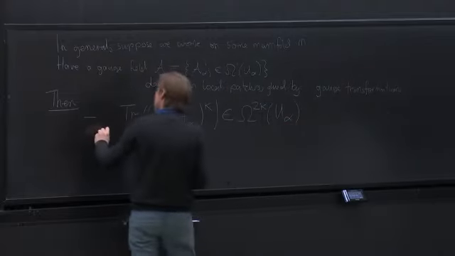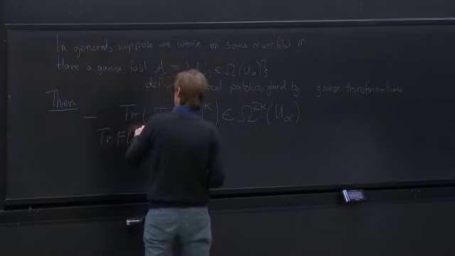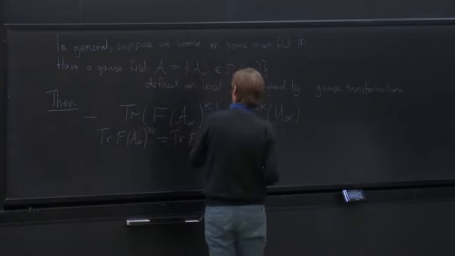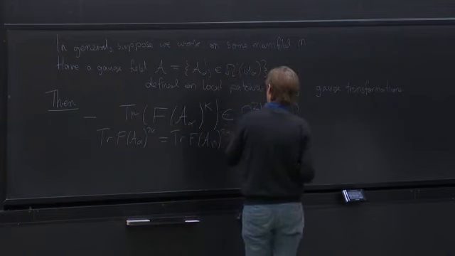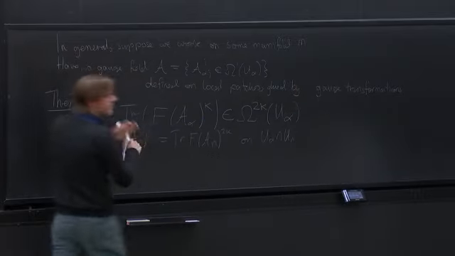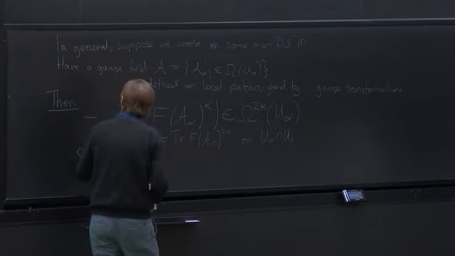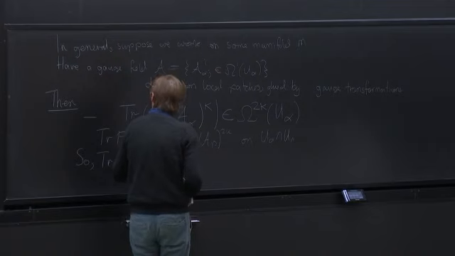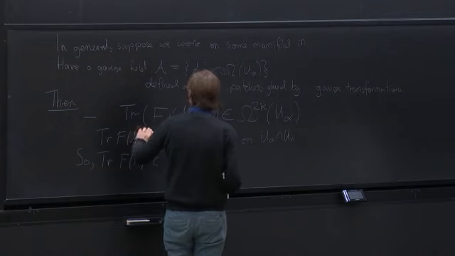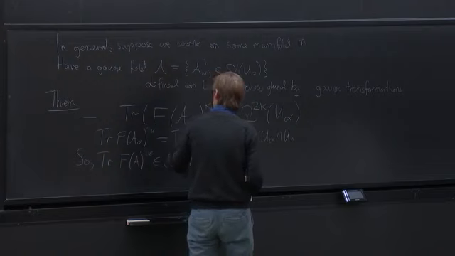So we find trace F(A^alpha)^k is equal to trace F(A^beta)^k on U_alpha intersection U_beta, so that we have a globally defined 2k form, which I'll just call trace of F(A)^k. This is a 2k form on the whole manifold.